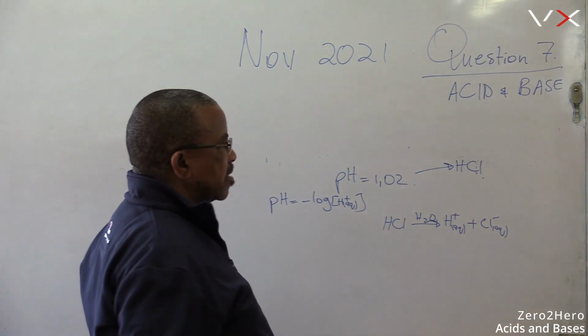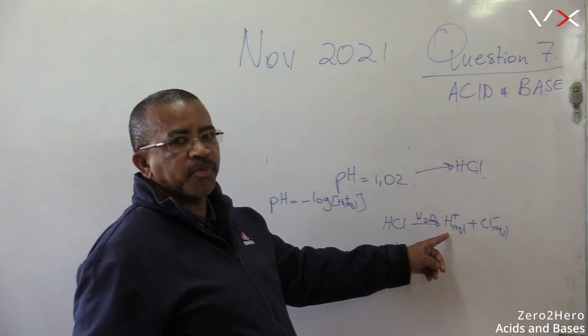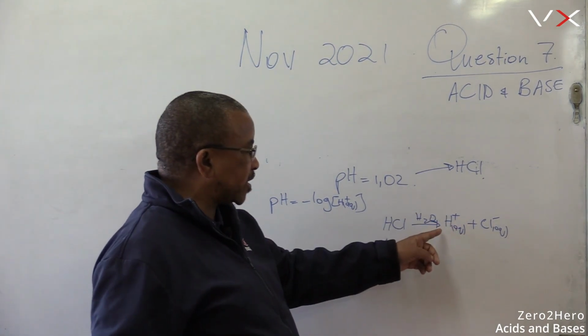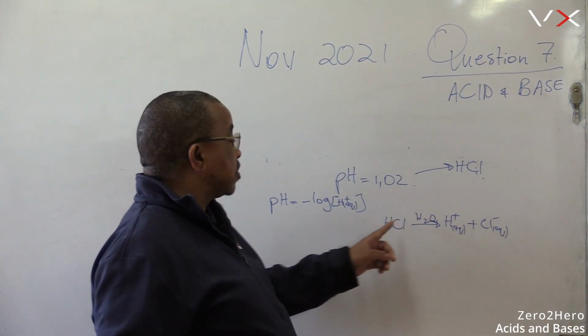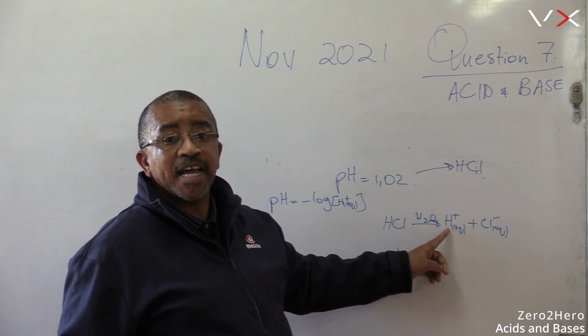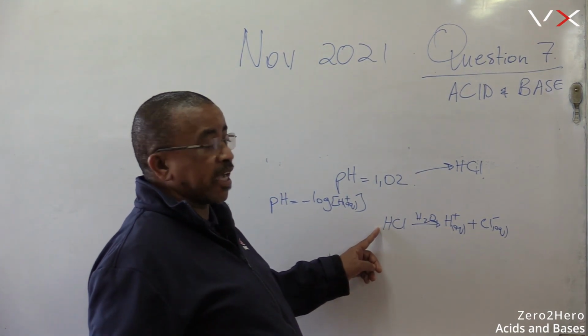Now we see that they want the concentration of HCl, which gives H plus in water. So once you get the H plus concentration, since it is one to one, it means it comes from the HCl. So the concentration of H plus is the same as the concentration of HCl.